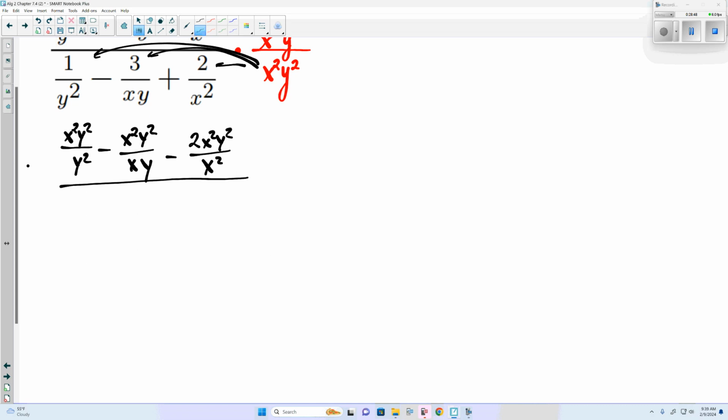Do the same thing in the denominator, x squared y squared times 1. X squared y squared over y squared minus 3 x squared y squared over xy plus 2 x squared y squared over x squared.